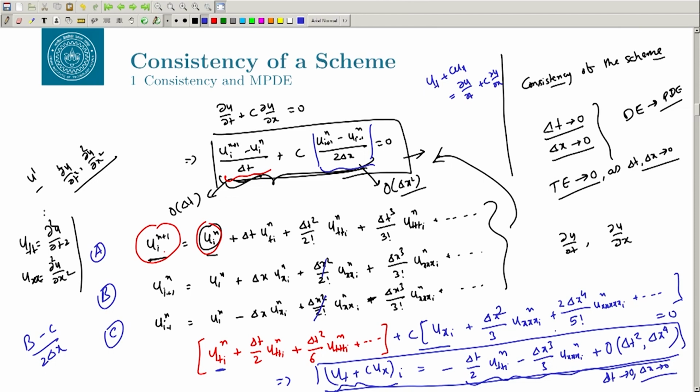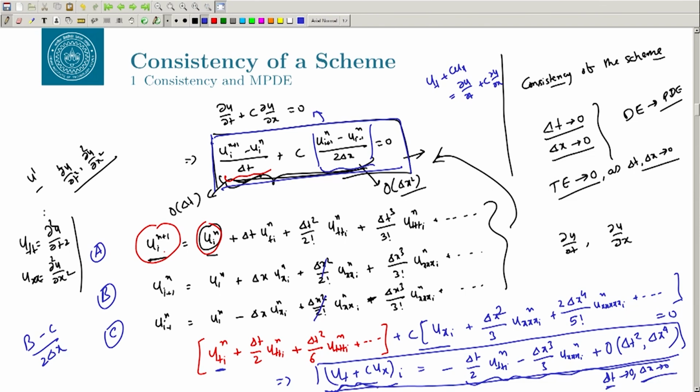It may not be stable, but it is a consistent scheme, because as we reduce our time step to 0 and our spatial size to 0, we recover our equation, which is del u by del t plus c del u by del x equal to 0.